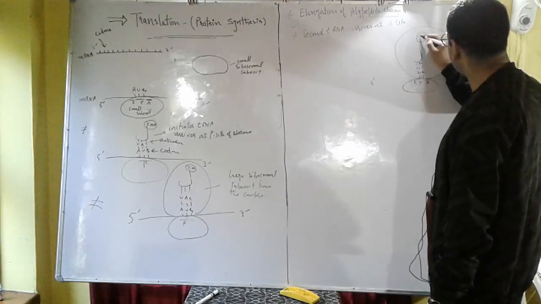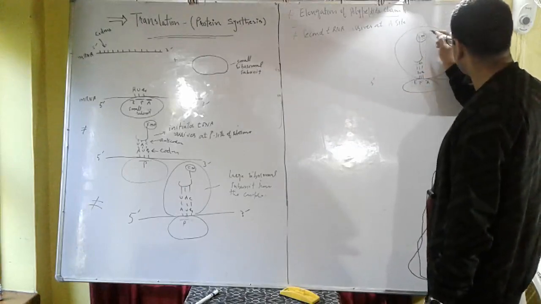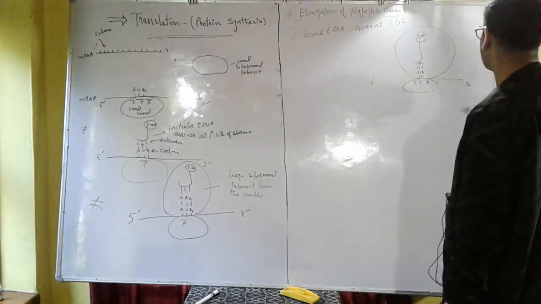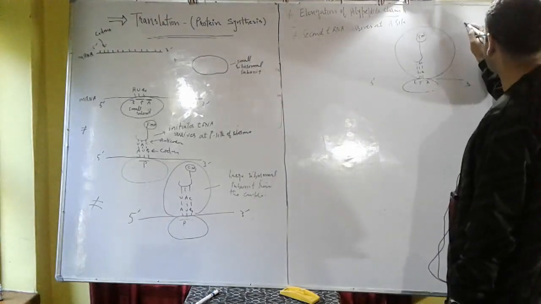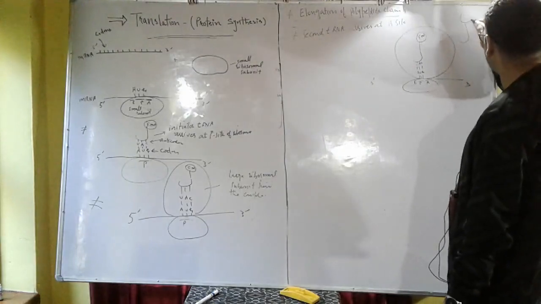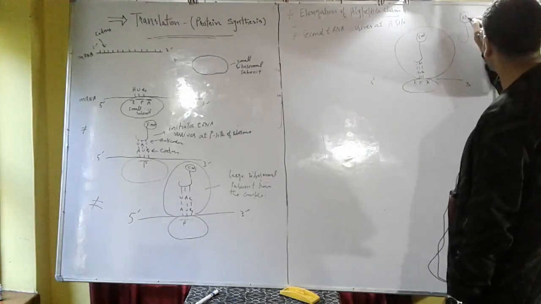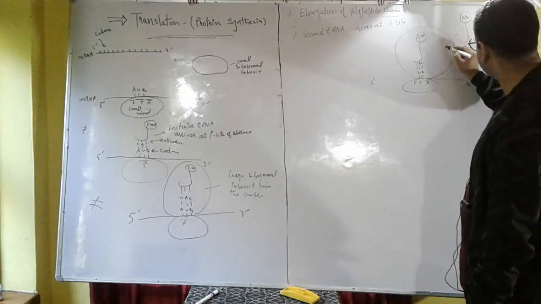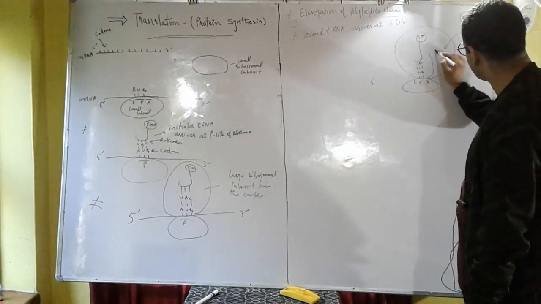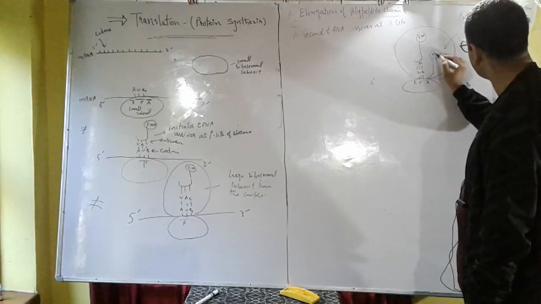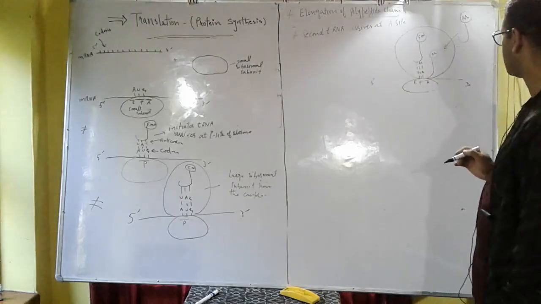This is formyl methionine. Then the second tRNA arrives at the A site. This is the second tRNA with the second amino acid. It will arrive at the A site.